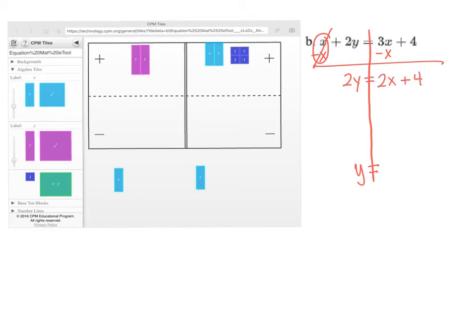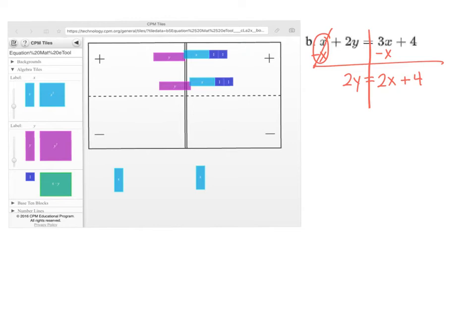Now, we want to know what y equals, not what 2y equals. So next, what I will do is I will take the 2 y tiles, and I will divide them into piles of 1. Now, what I'll do on the right side is divide the x tiles into piles of 1 and also my unit tiles into piles of 1.